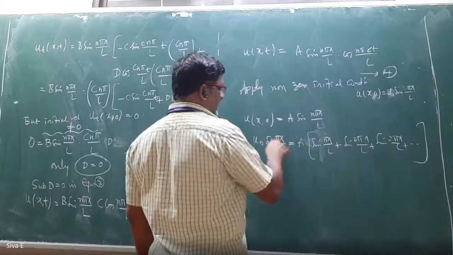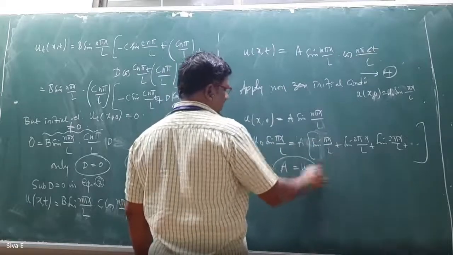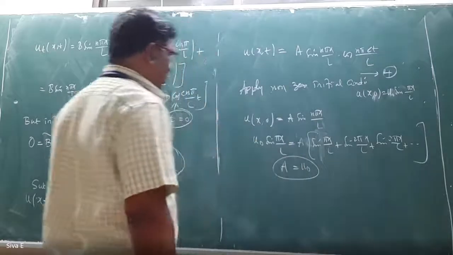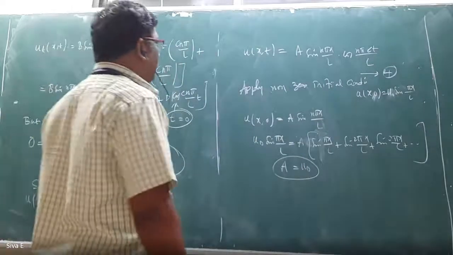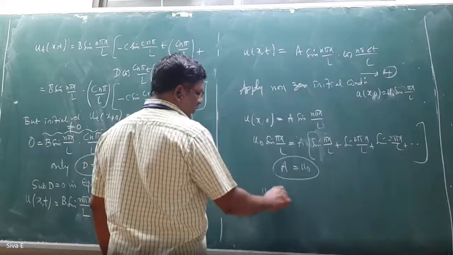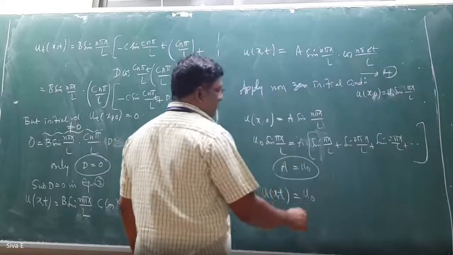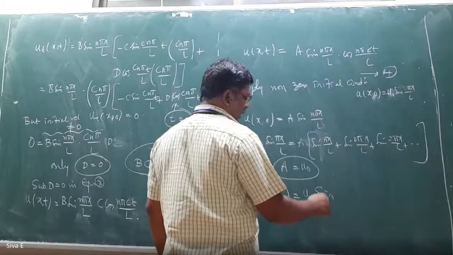If you are equating both, you will get a equal to u naught. Then u of x comma t, what is the final value? u naught sin(πx/L) cos(πct/L).